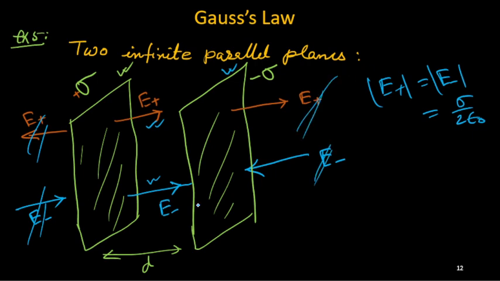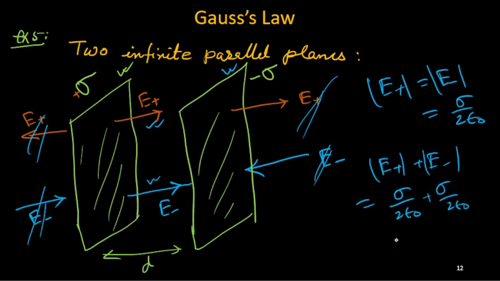So only between these two plates do we have an electric field, and that electric field is E plus plus E minus, and this value is sigma upon 2 epsilon naught plus sigma upon 2 epsilon naught, which means sigma upon epsilon naught. So essentially we get an electric field only in this region, from here to here.